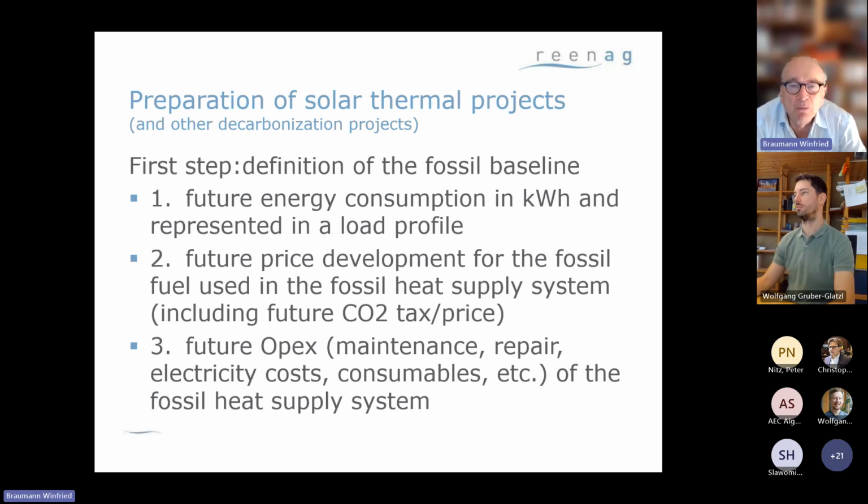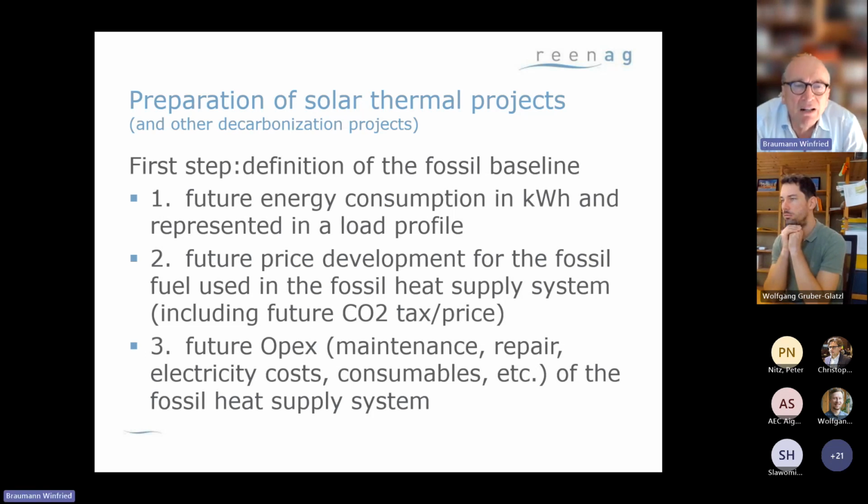If you estimate the future cost of gas in this baseline with, let's say, 6 cents, and you are implementing the investment in renewable energy based on this planning and on this calculation, then you can be sure that the actual future renewable energy costs will not rise above those 6 cents per kilowatt hour. Of course, investment cost and OPEX are in line with the projected investment as it has been planned.